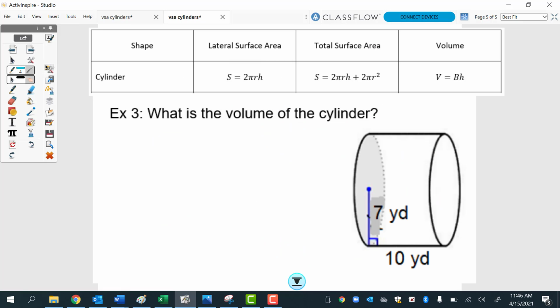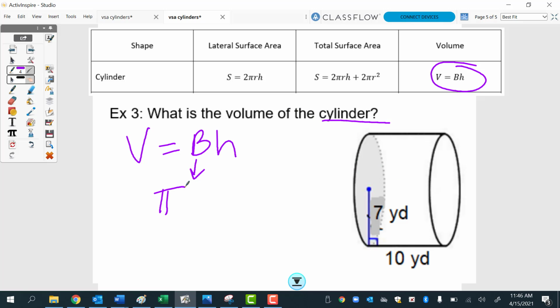All right, last one. What is the volume of the cylinder? So I need to pick a volume formula. So here it is over here, volume. So I'm going to write that down. Big B times H. We know for big B in this, since it's a cylinder, big B is going to be pi r squared, times H. All right, so I need to label my radius and I need to label my height.